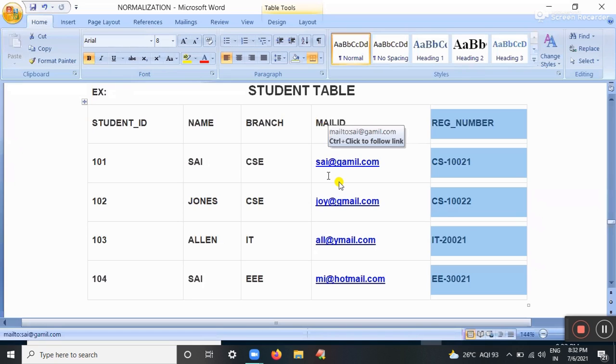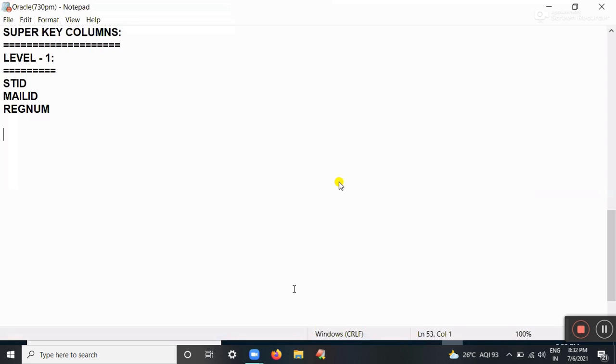These are individually single columns, and each individually identifies your rows with a unique number, with unique data. That's why these three columns are called super key columns. This is level 1.